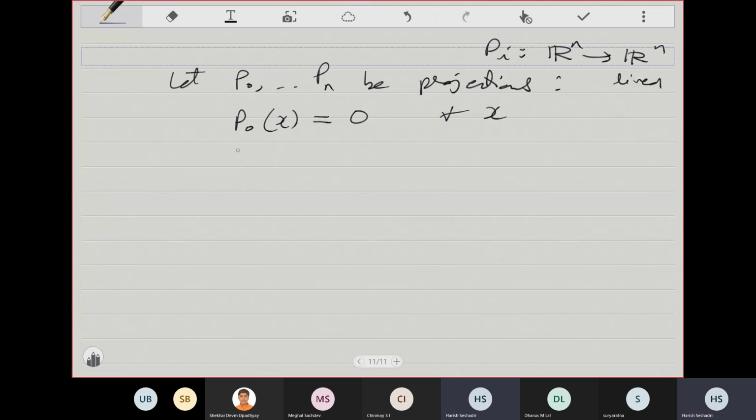And it's defined so that Pm x is the projection onto the Rm sitting inside Rn. So it will be just x1 e1 plus ... plus xm em.